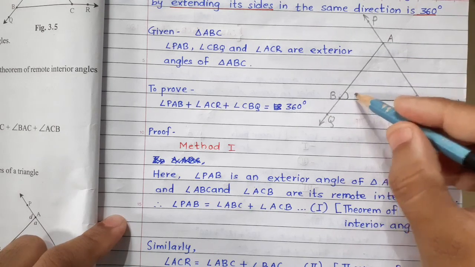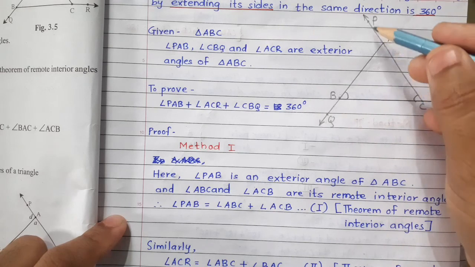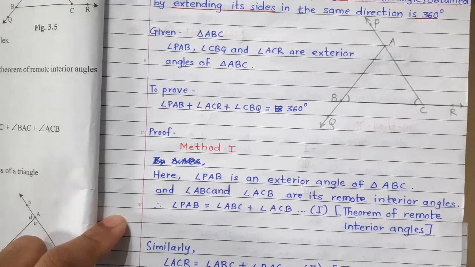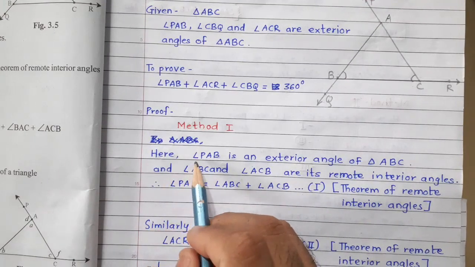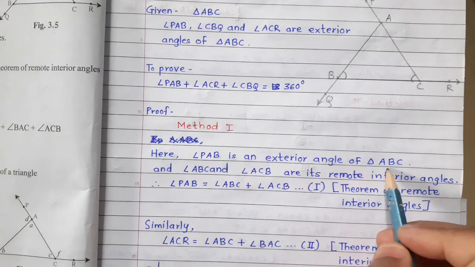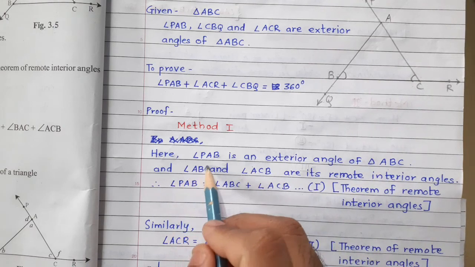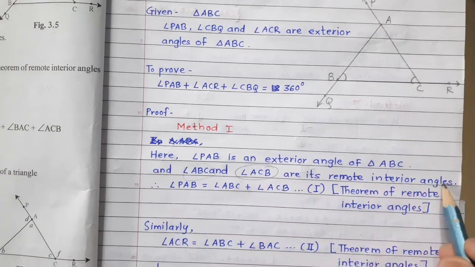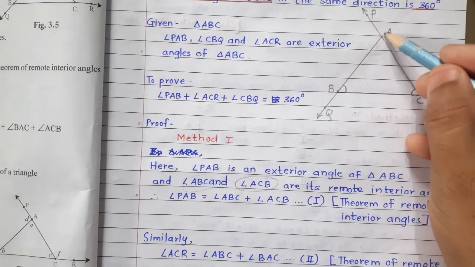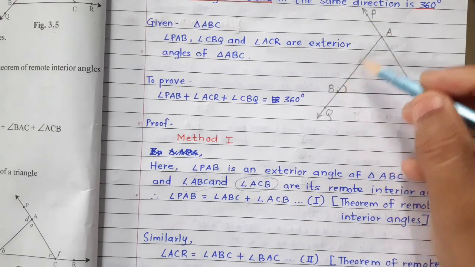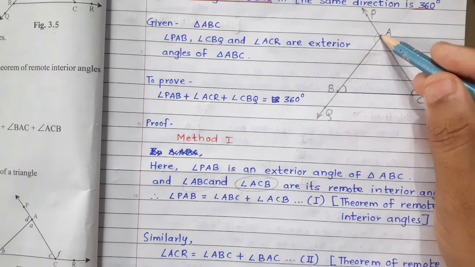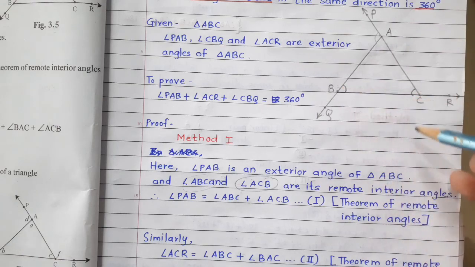So here angle PAB is an exterior angle of triangle ABC, and angle ABC and angle ACB are its remote interior angles.